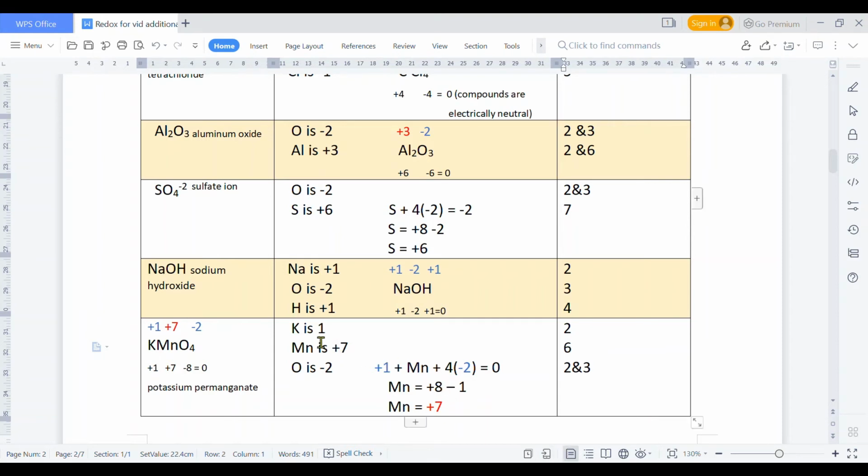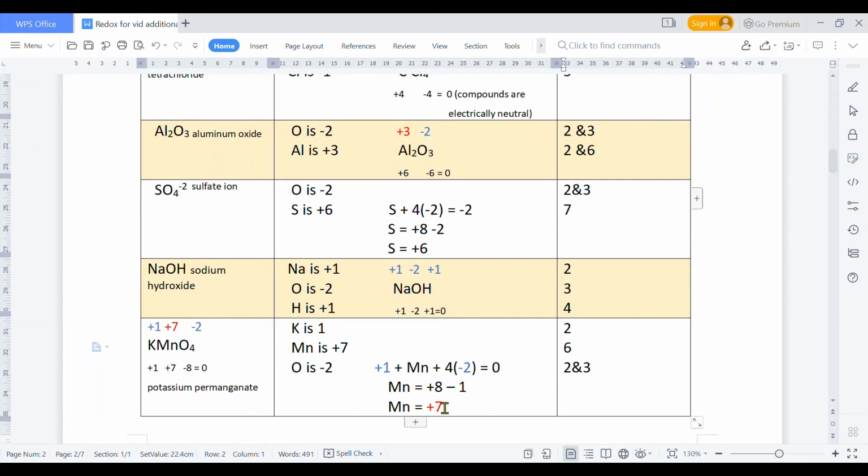And you have to check out the periodic table for the cation and the anion. And remember that the compound is electrically neutral, and O is assigned a -2 oxidation state in rule number 3.